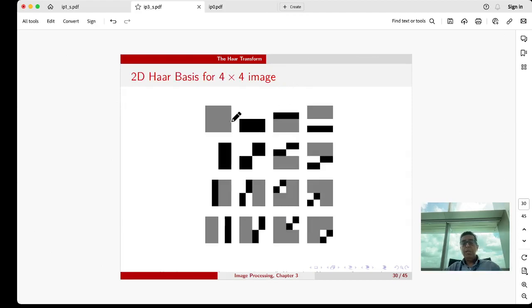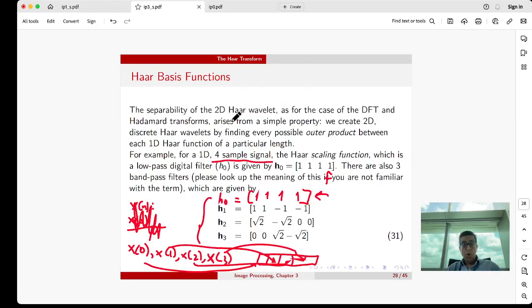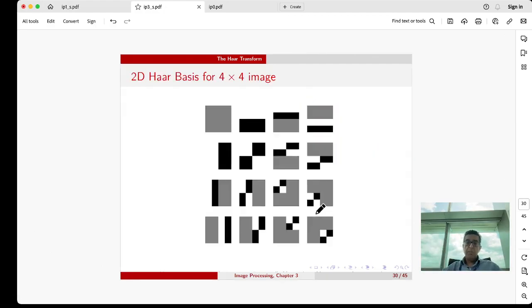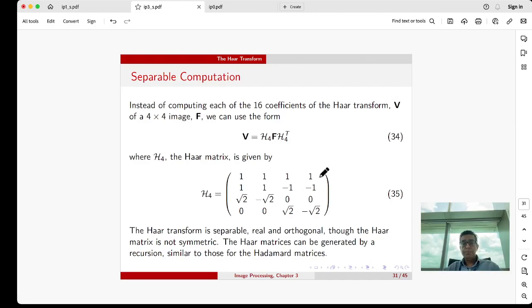So in principle, these are not orthonormal basis images, but they are orthogonal, and to make them orthonormal, you simply need to include an extra scale factor, which you can find in some of the lecture notes.